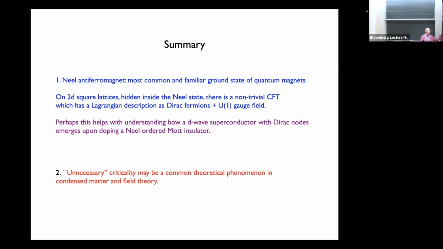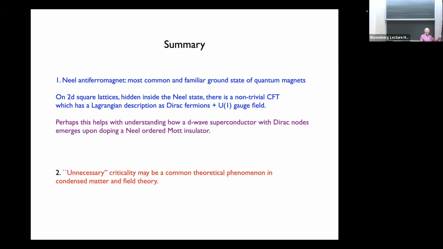But I know that, modulo the various assumptions that I've made, there's a non-trivial CFT that you can hit by tuning one parameter. And the CFT has a Lagrangian description as Dirac fermions with a U(1) gauge field. Perhaps this is a useful thing to know because I motivated some of this by saying we want to see how you get a D-wave superconductor, which has Dirac fermions.